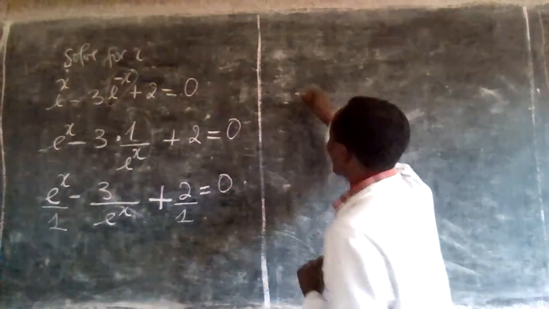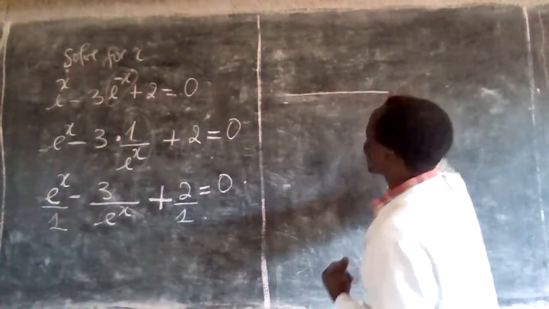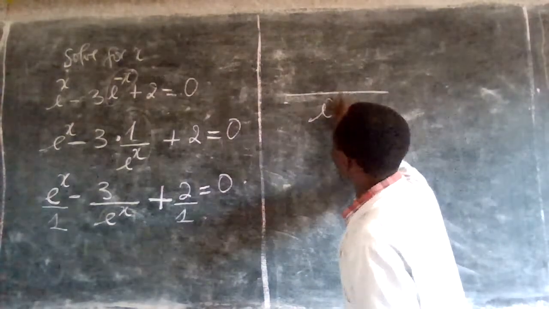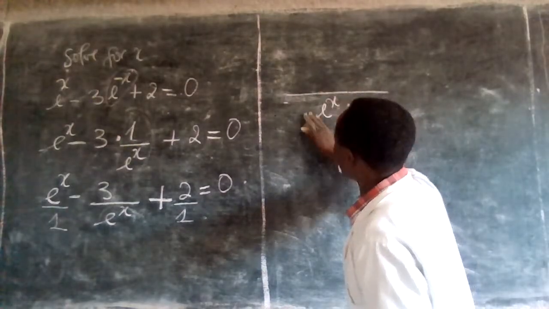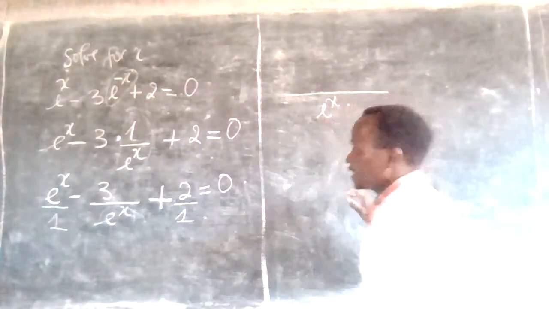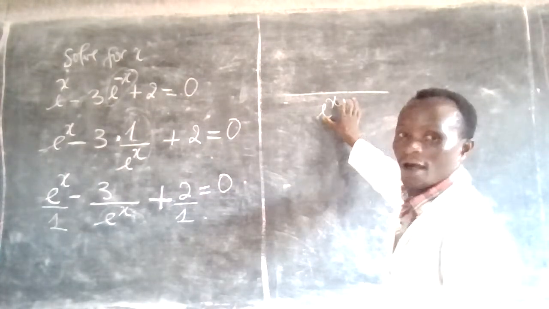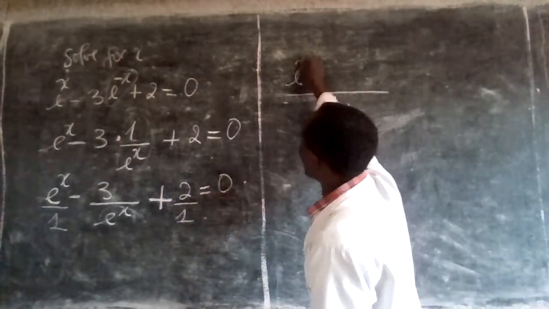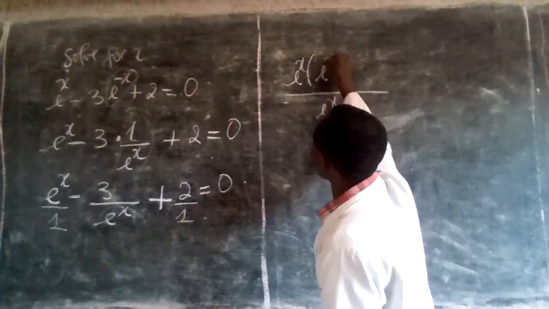The common denominator will be e power x. Now we take this e power x over 1, which is e power x times e power x.